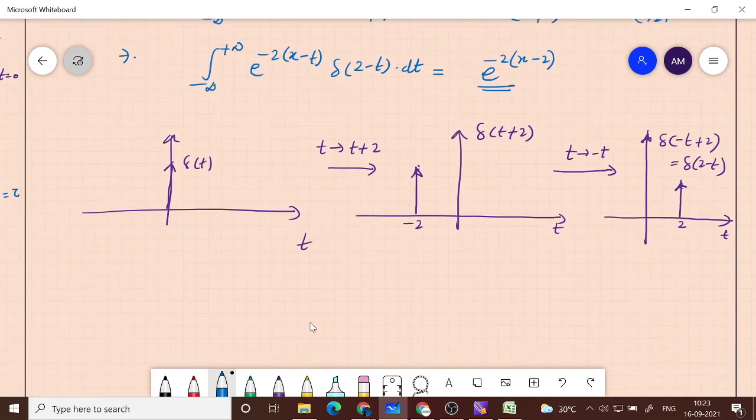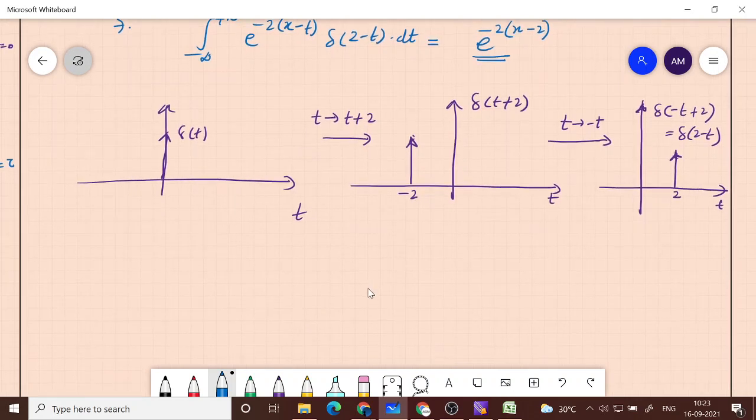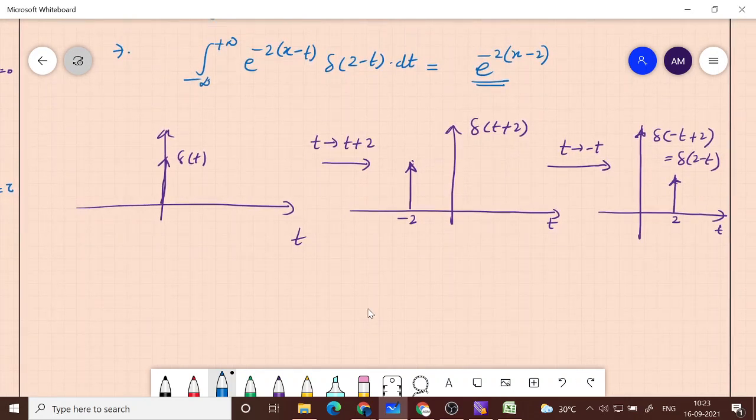Another way you can think about it: delta of minus t is basically equal to delta of t, right? Yes, sir. That is one of the properties, or even you can see that from this property, delta of t by modulus a.